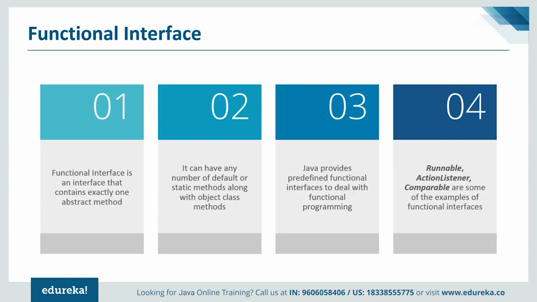We also have ActionListener, which has a method like actionPerformed. We can have any number of default or static methods. Java provides predefined functional interfaces so that we can deal with functional programming very easily. Runnable, ActionListener, Comparable are some examples of functional interfaces.